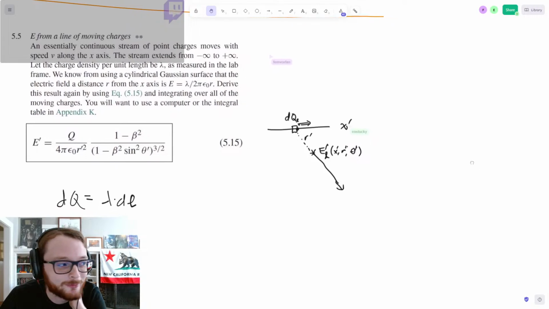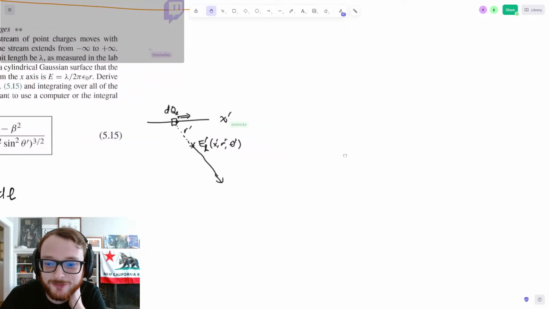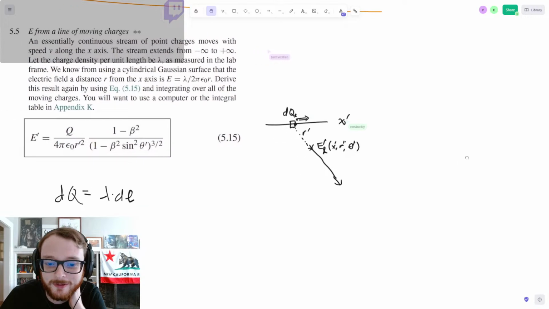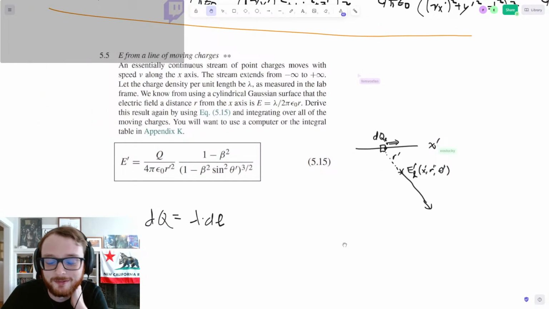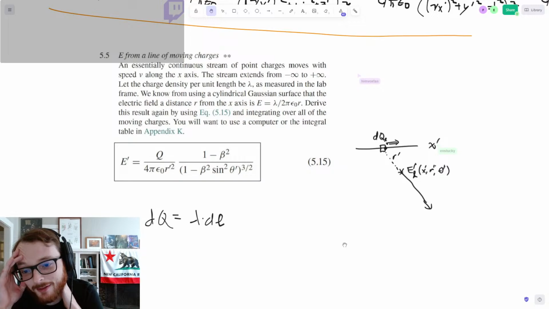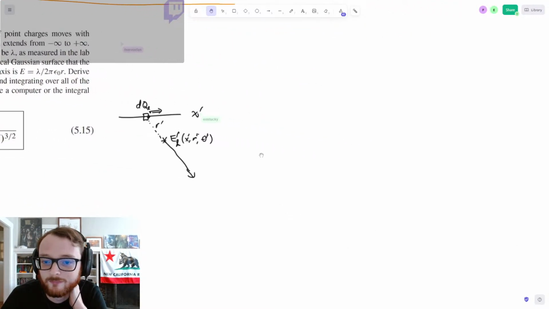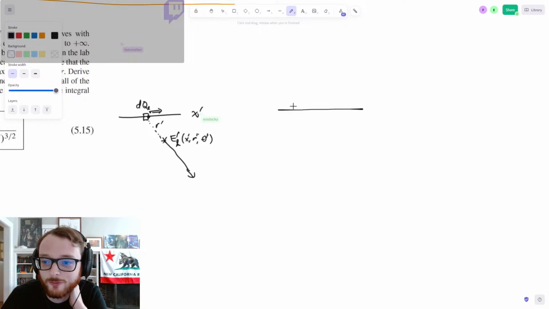I assume we need to do something like what Stugi has drawn here. We need to, I guess, get everything in terms of R or in terms of theta. Let me just do a second drawing so I don't mess up the first one.